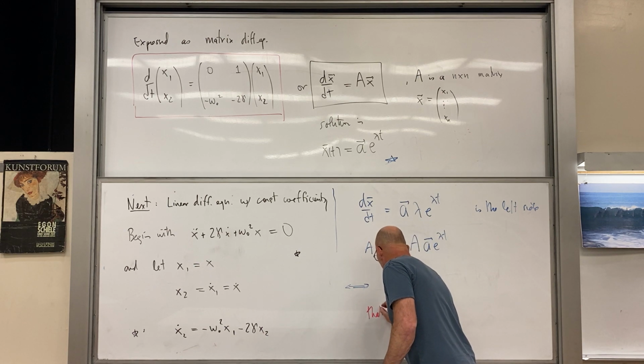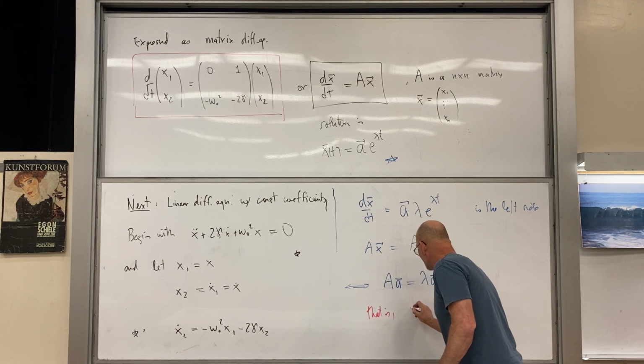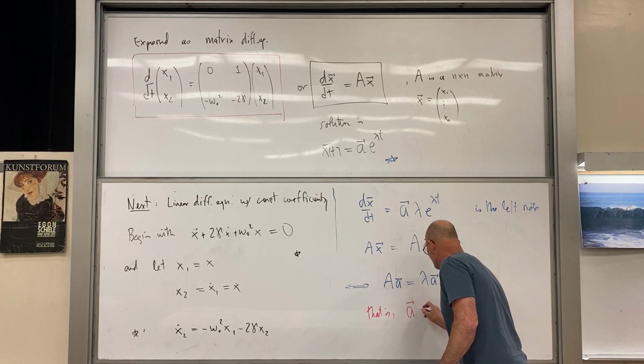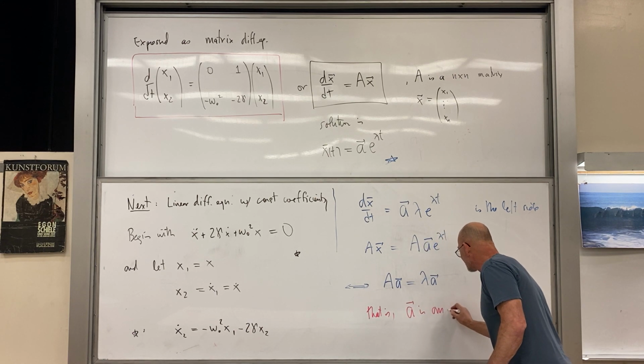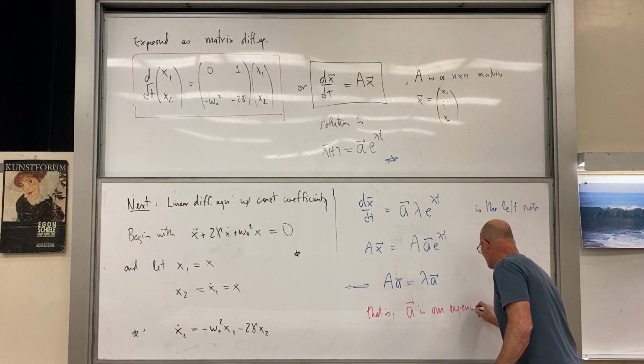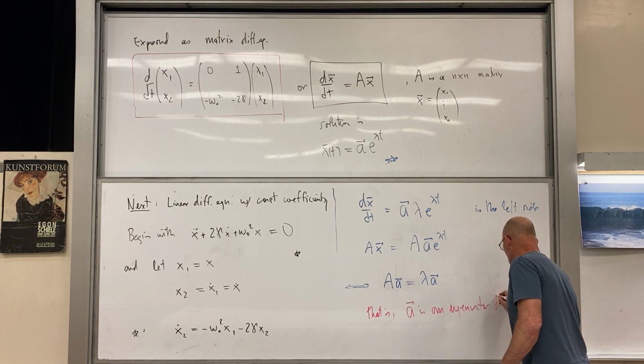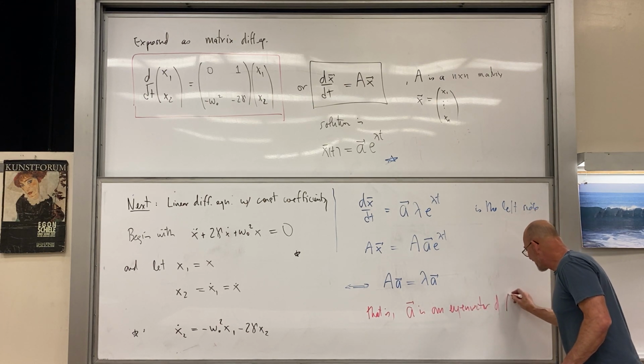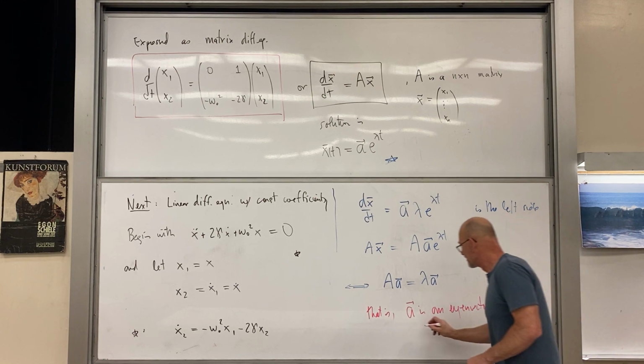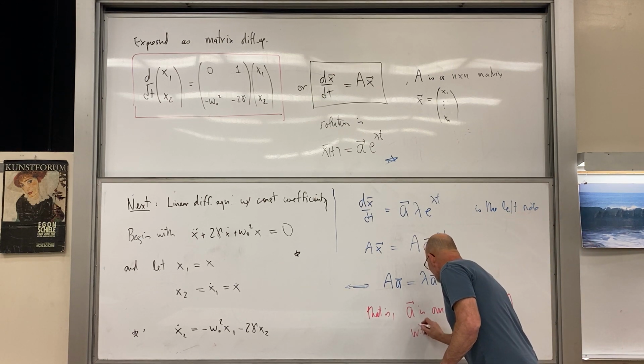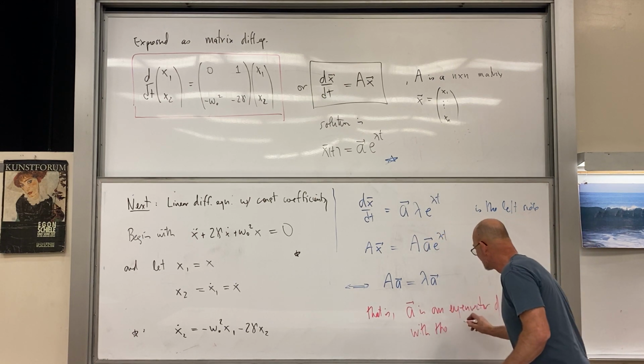That is, a is an eigenvector of the matrix A with the eigenvalue lambda.